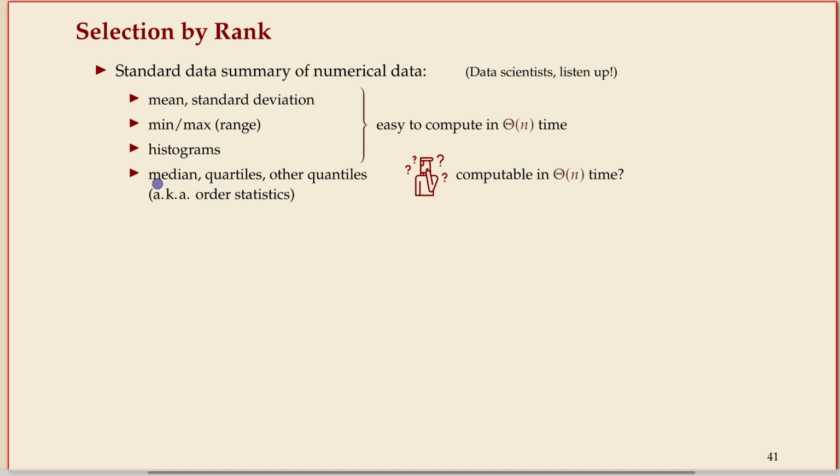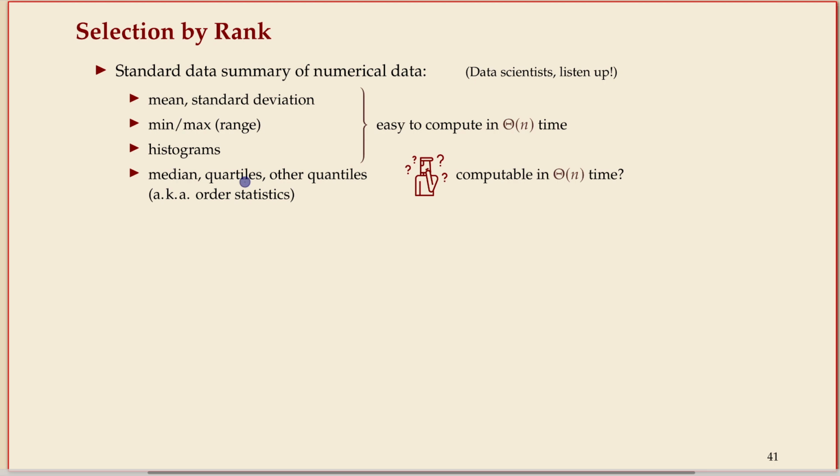Slightly more esoteric, but often very useful, are these order statistics, for example, the median. The median is just an element such that half of the elements are smaller and half of the elements are bigger, with breaking ties in a reasonable way. You have to make that a bit more precise, and we'll actually do that when we define our algorithmic problem.